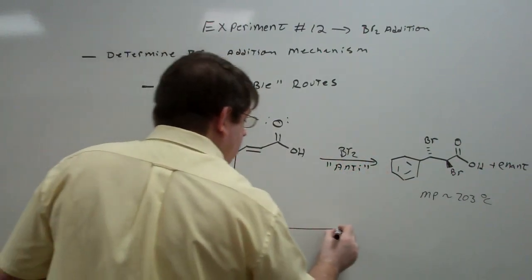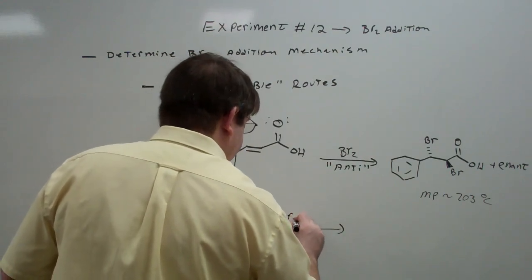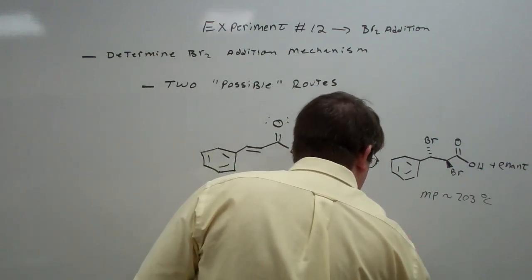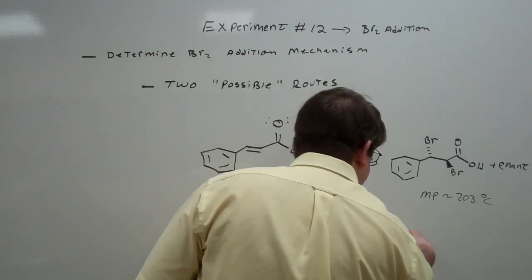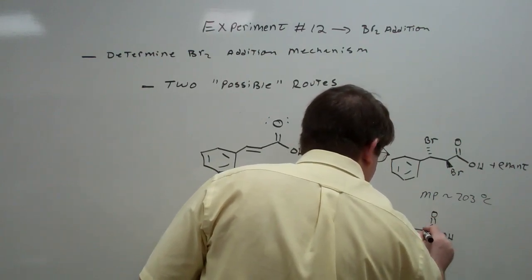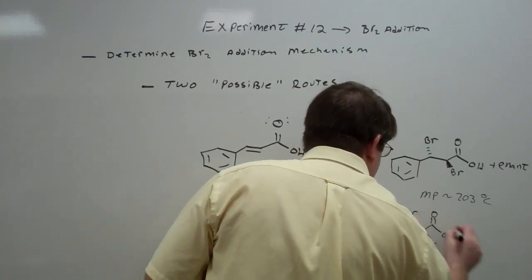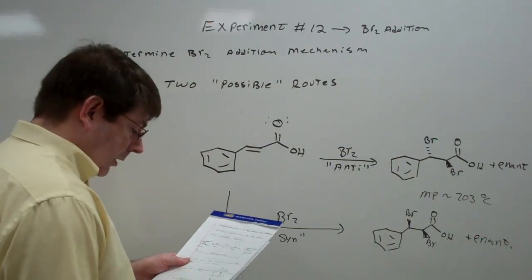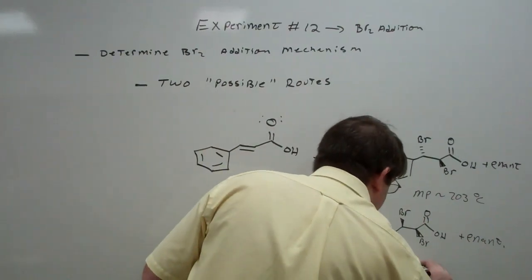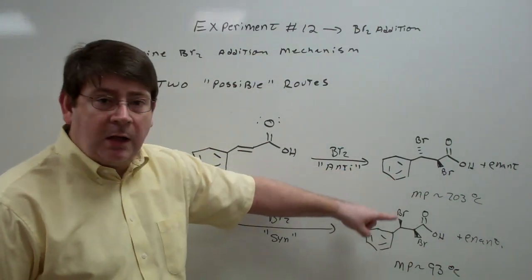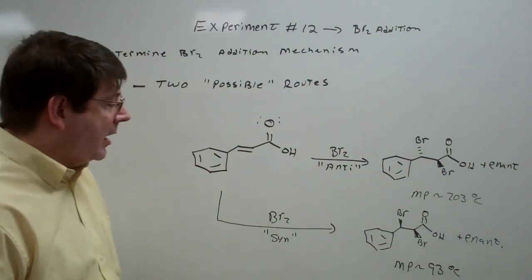But if we go through the syn addition, we're going to generate an entirely different compound plus its enantiomer. This one would have a melting point of around 93 degrees Celsius. There's a huge difference in melting point here that's easy to measure.